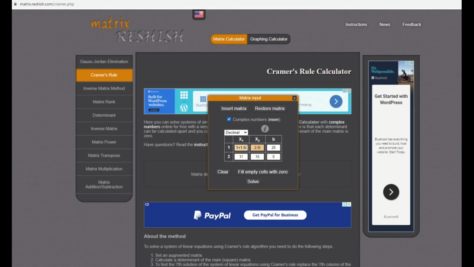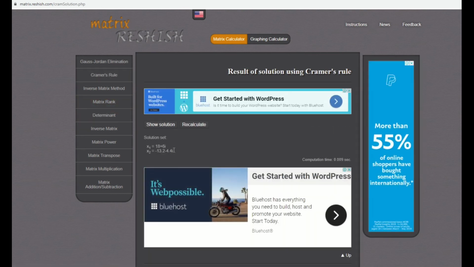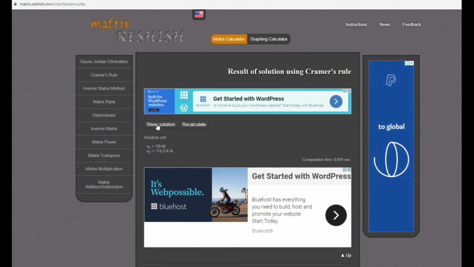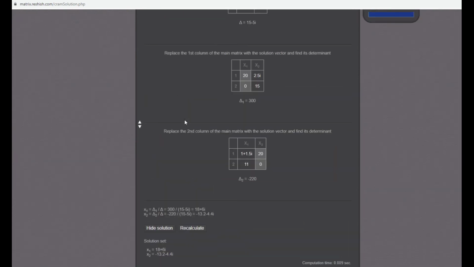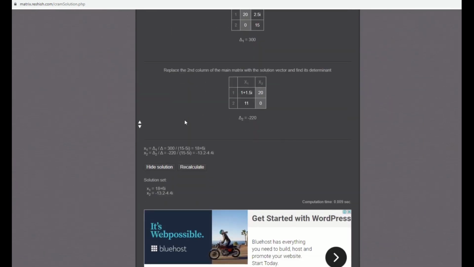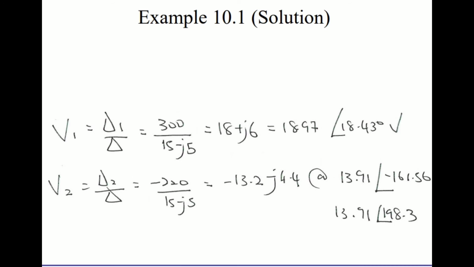After you insert all these values, you need to change j to i, because this calculator uses i. So 1 plus 1.5i, 2.5i, 11, 15, 20, and click solve. You get the answer automatically. You can also see the solution and how they solve the equation, which is what you get when you do Cramer's rule manually.